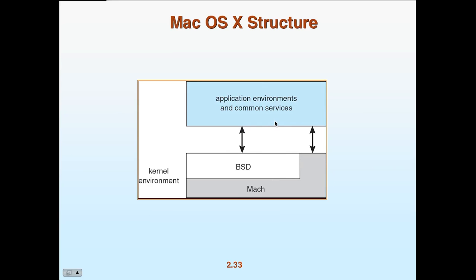And then we have the interface, the application environment, common services. The OS X desktop is always loaded on top of BSD, which is why you can always go to a terminal prompt and talk to BSD. So you really have two in one. You have a Linux and you have a Windows look-alike OS X operating system.